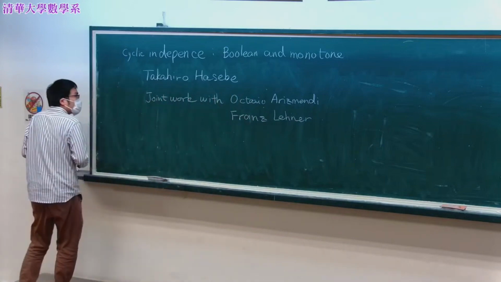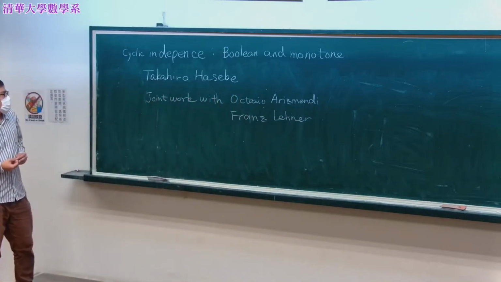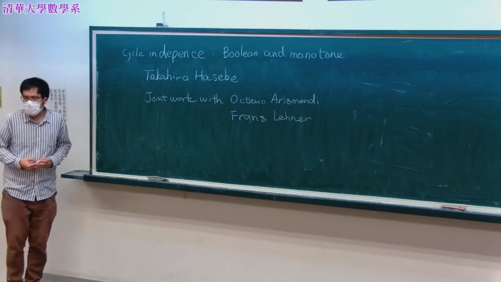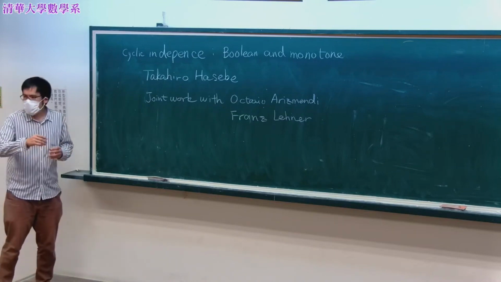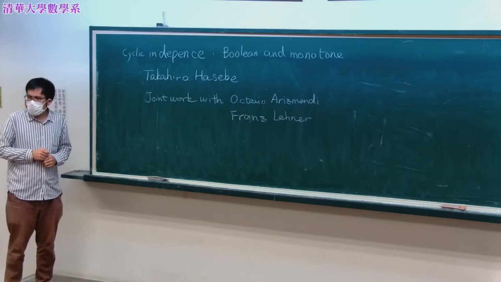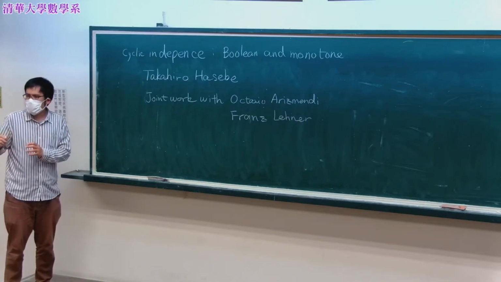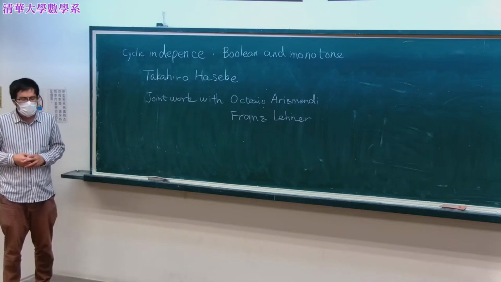So this talk is about some free probability, or more general non-commutative probability, what people say. This is kind of an extension of probability theory to the non-commutative setting that comes from quantum physics.